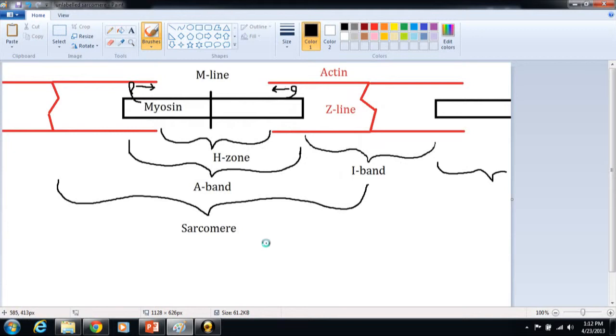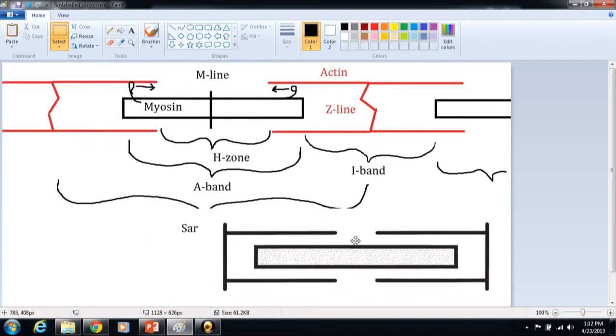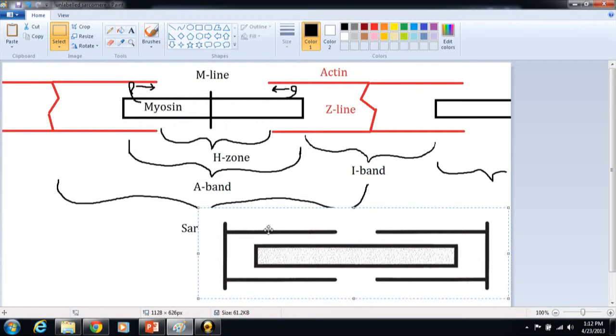Okay, so then what it looks like is basically this figure here. So this is an uncontracted. What we have here is pretty similar, different colors. So what we have here are the actin filaments are now closer together. See that there? The A band, which is the length of the myosin, it's still the same, but it's going to be closer to another A band on the other side.